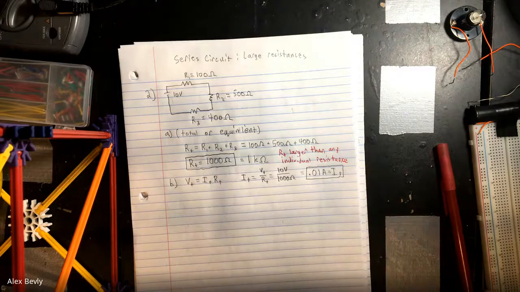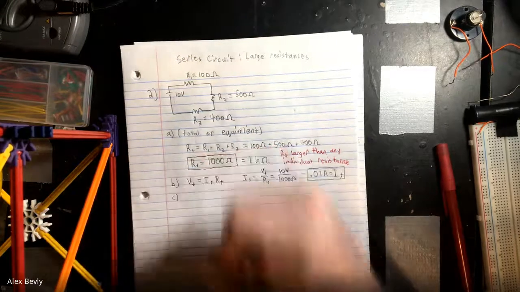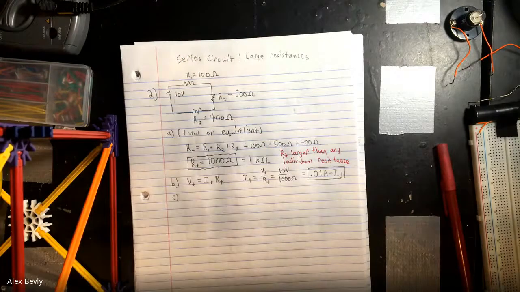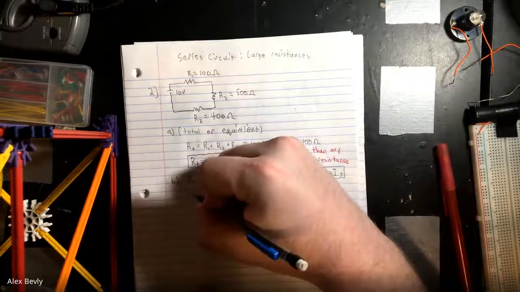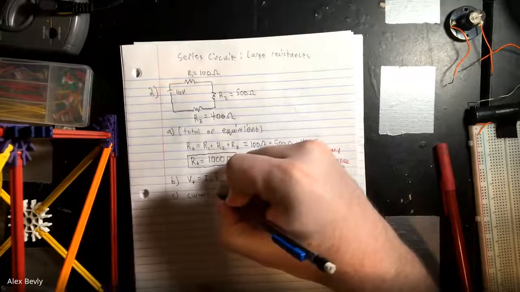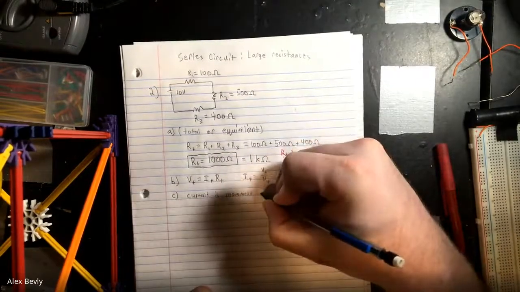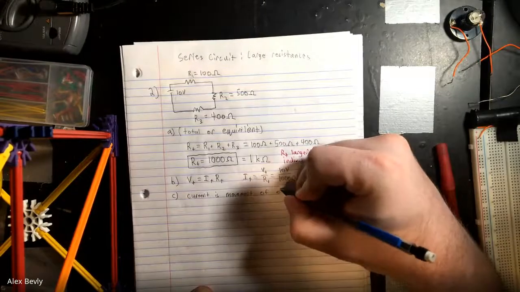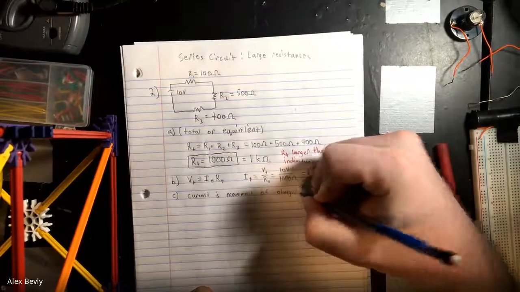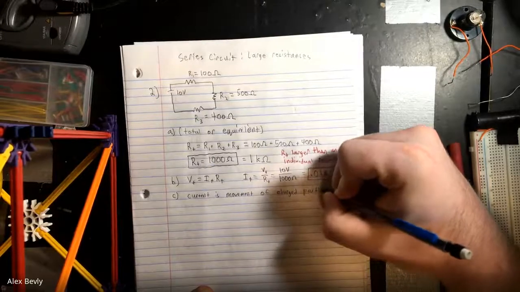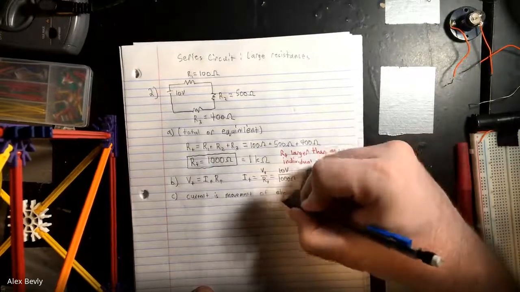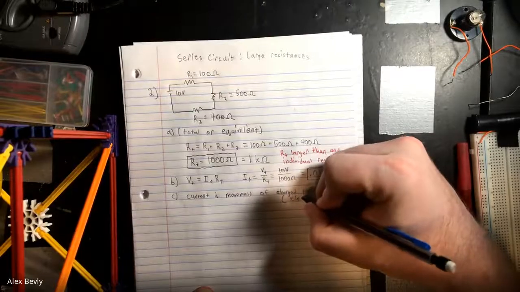All right, so I have the total amount of current through the circuit. C wants me to figure out how much current I get through each resistor. And this is where we have to go back to what current is. Current is the movement of charged particles, and in particular, when we're talking about charged particles, we're talking about electrons.